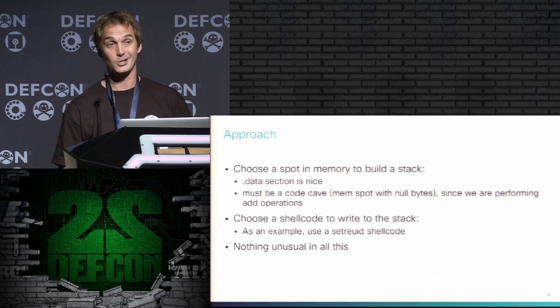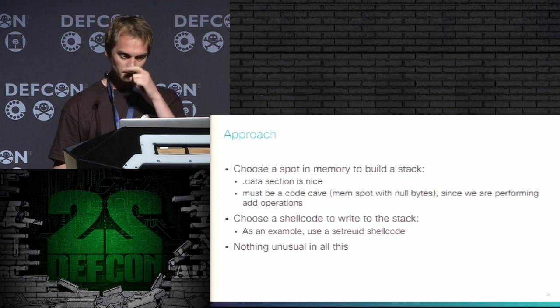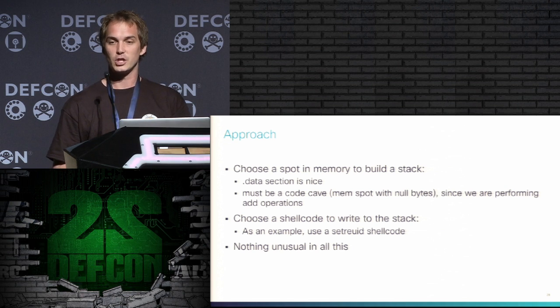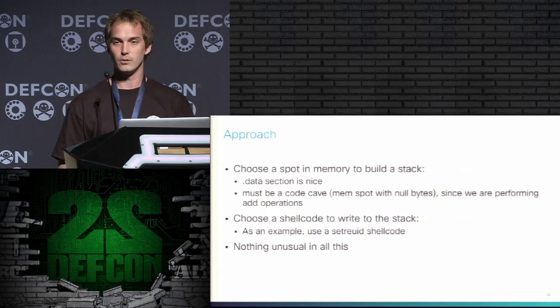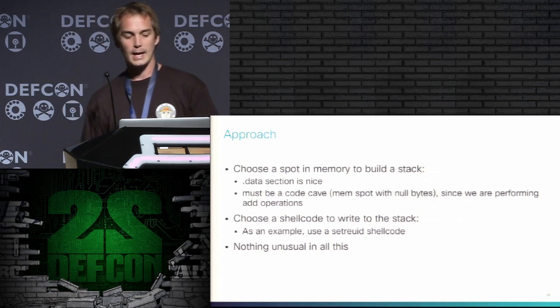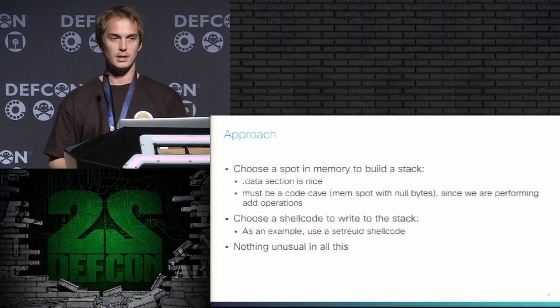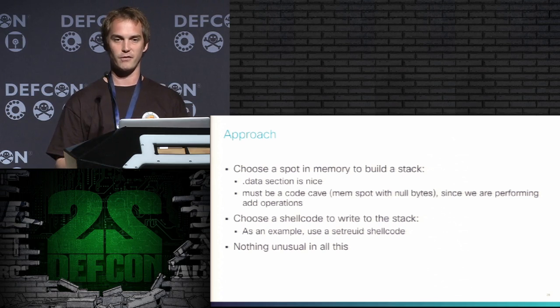That way when I add, I just add to 0 and still get the value I want, which avoids further computation. Then you choose the shellcode you want: a set reg ID for bin sh, a reverse shellcode, or whatever you want. And just hope that you copy that shellcode to a frame you control and then execute it.